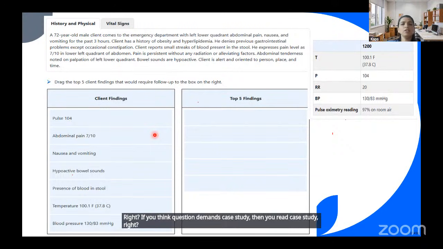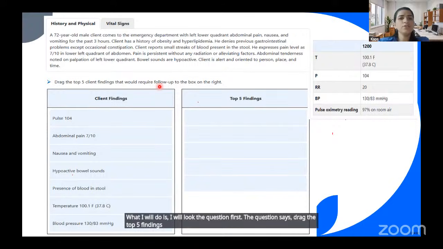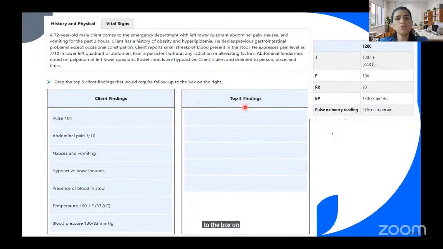So first thing, when I have this question as a student, let's say I'm writing the exam right now, what I will do is I will look at the question first. The question says, drag the top 5 findings that require follow-up to the box on the right side. So top 5 findings, I have to pick and drag and drop in here, right?